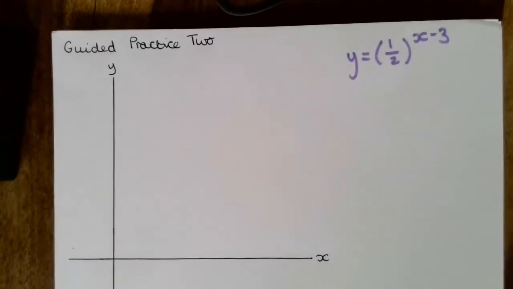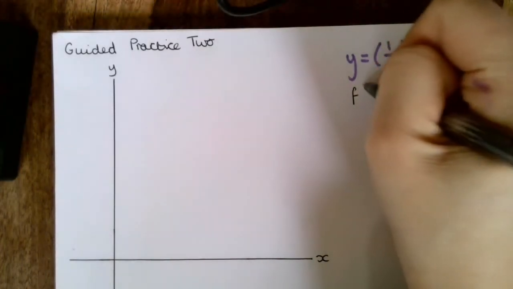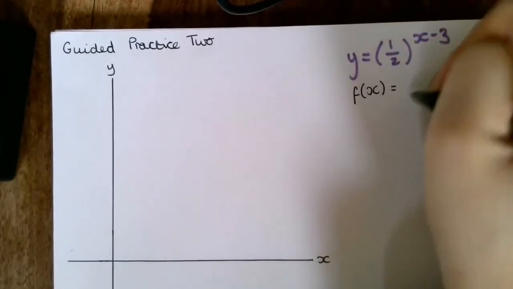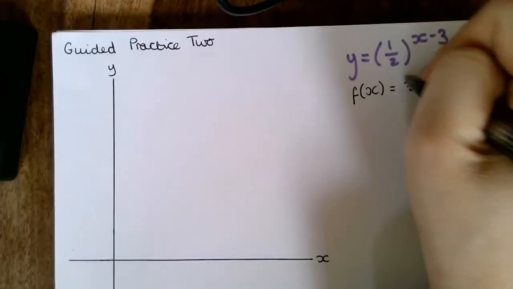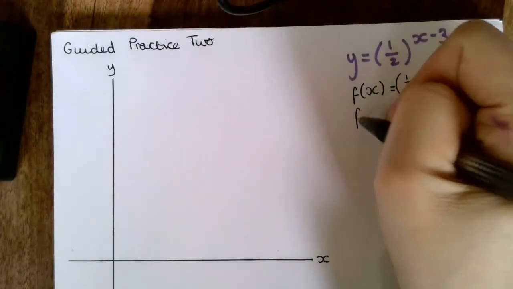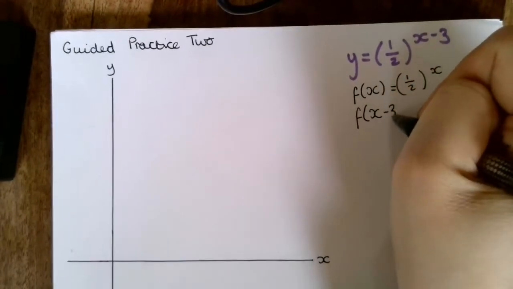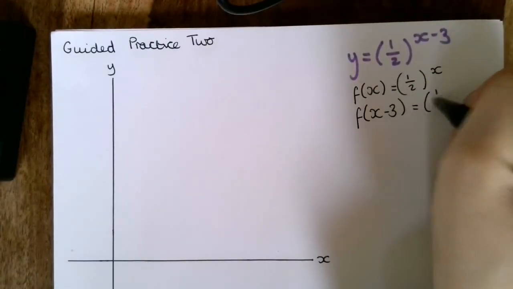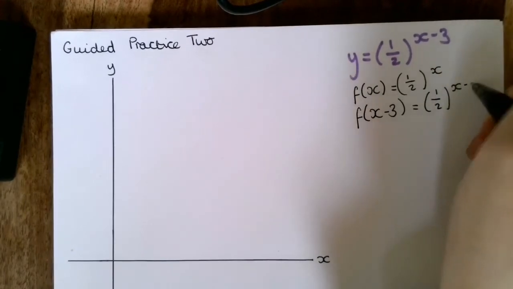We're now going to look at drawing y equals a half to the power of x subtract 3. So if we say that f of x is equal to a half to the power of x, we are going to draw f of x minus 3. So that's a half to the power of x minus 3.